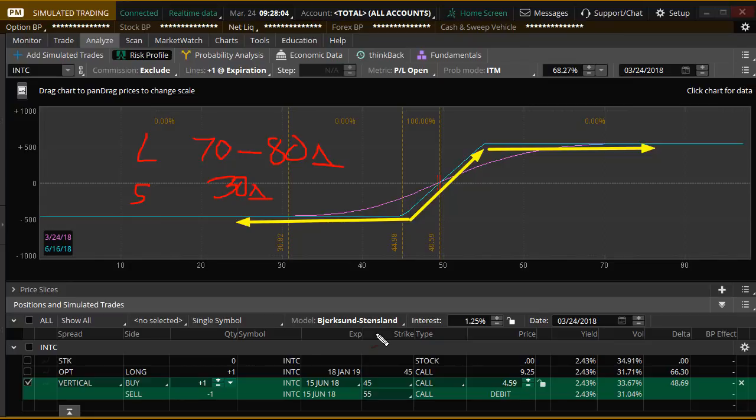Okay? So the option we bought here gives us a right to buy Intel at $45. So if we have $45 for a right, we can buy it at $45. Okay? The one we sold gives someone else the right to buy the stock from us at $55.